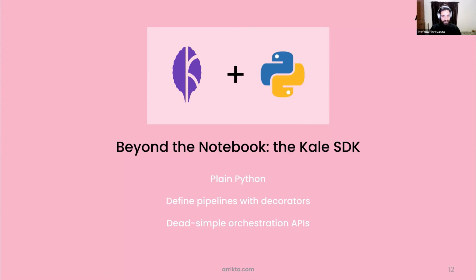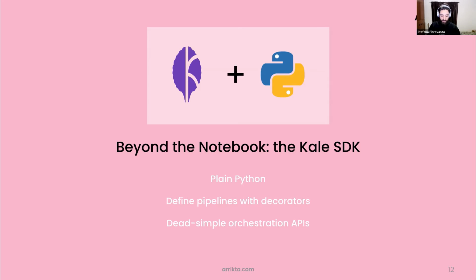Because let's be honest, working with notebooks is great, but when you want to scale, when you want to version your code, work in a collaborative manner, you usually want to work with plain Python source code, modules, libraries, and it's not always easy to convert plain Python into something that can actually be orchestrated by something that runs on Kubernetes.